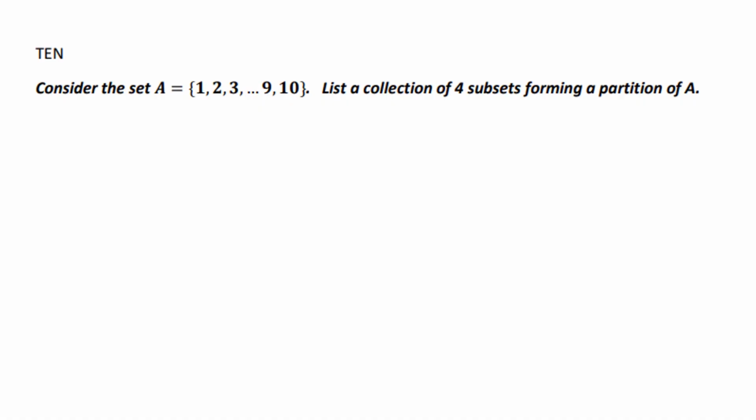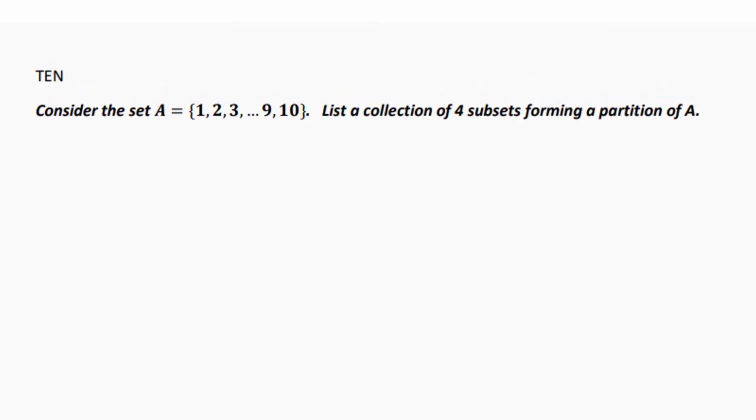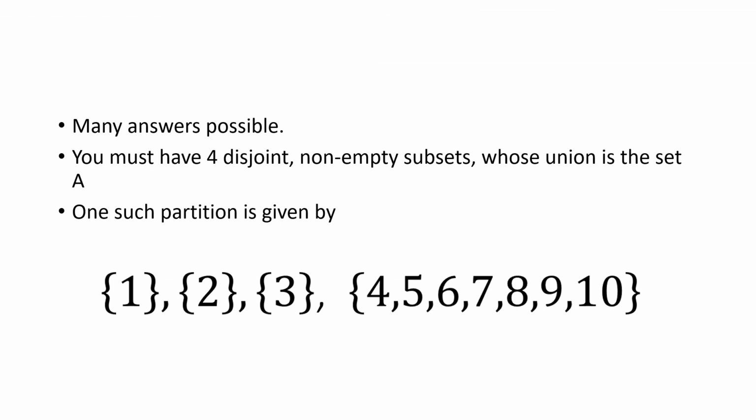Last but not least, consider the set A equaling, again, the positive integers 1 through 10. List a collection of 4 subsets that form a partition of A. So this is figuring out, do you know what a partition is? And so many answers would be possible.